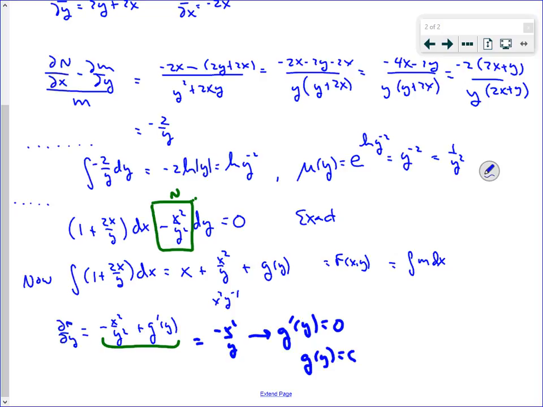So our answer should just be f of xy equals a constant. So it's going to be x plus x squared over y, and let's just put our constants on the right-hand side. It's a pretty simple looking little solution considering what it took to get there.